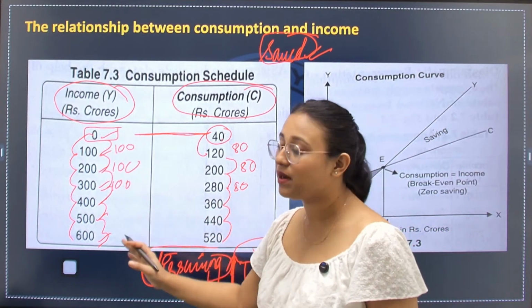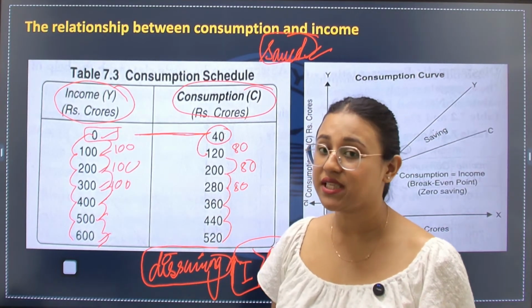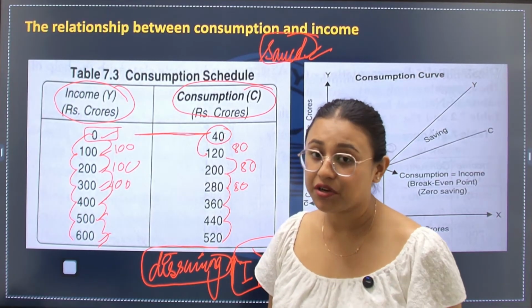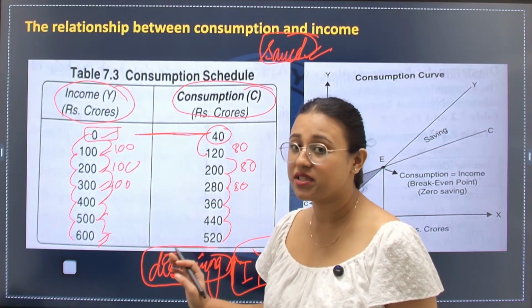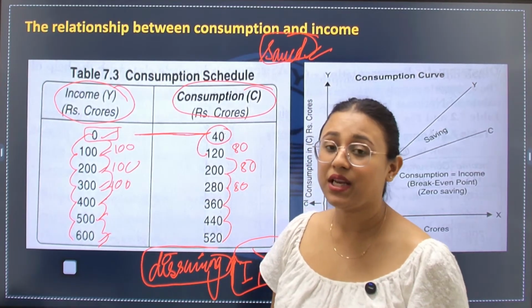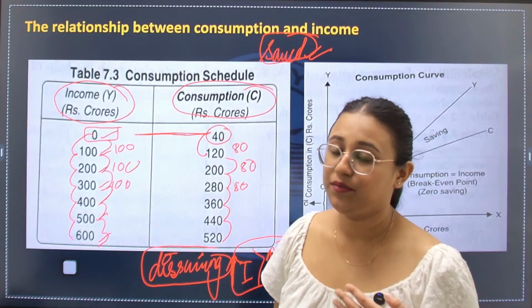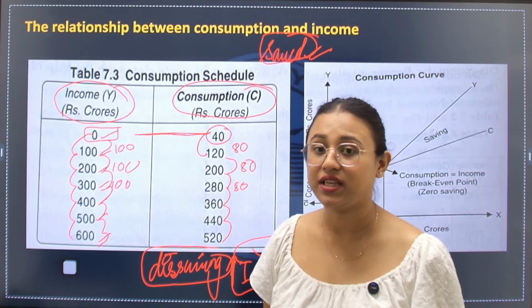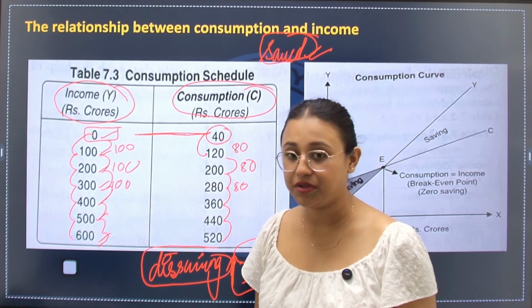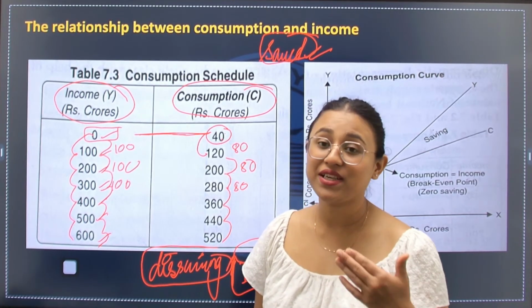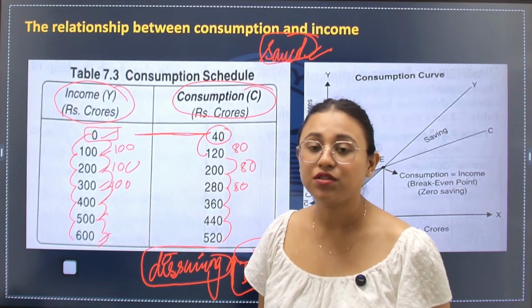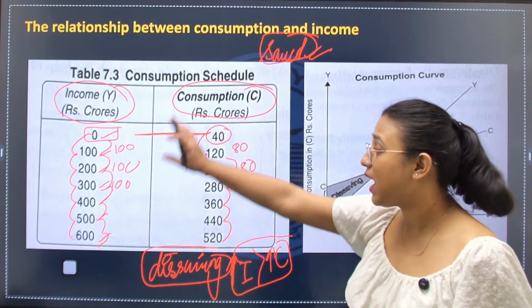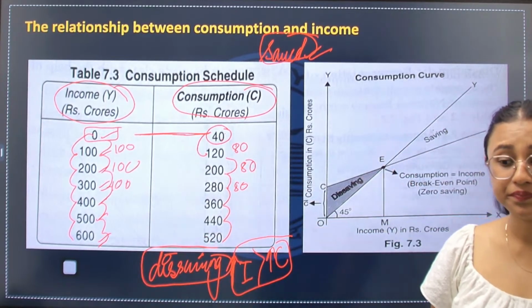Therefore, income increases each time by rupees 100 crore, but consumption increases by only 80 crores, meaning the rate of increase in income is more than the rate of increase in consumption, because not whatever has been earned is spent on consumption. A part of it is also saved. I hope you are clear till this much.